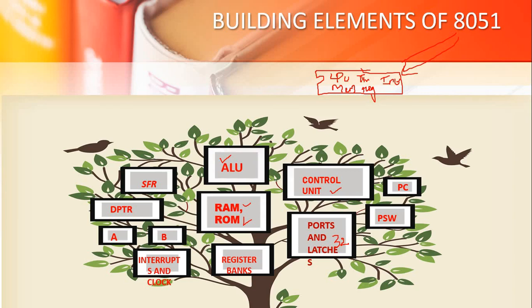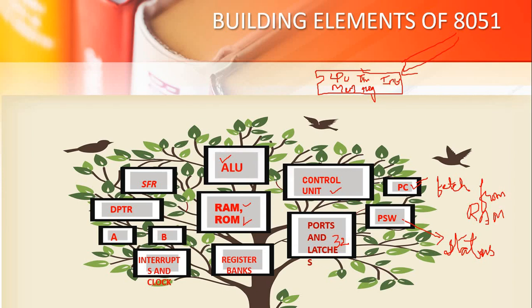The PC is the program counter, which fetches the instruction. Fetches from where? From RAM. Next, PSW is the program status word, which gives the status of the program to the user.